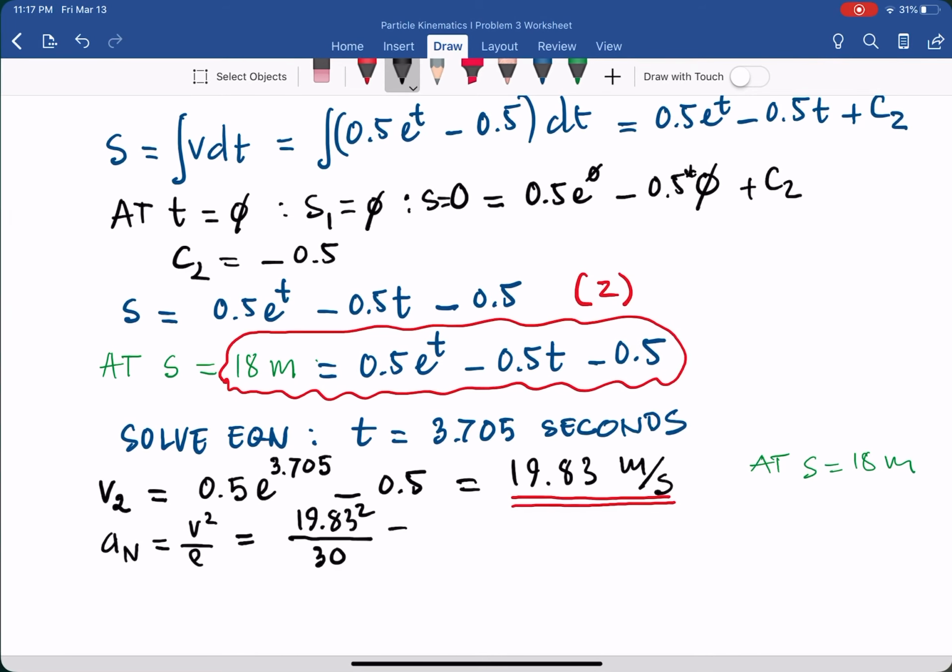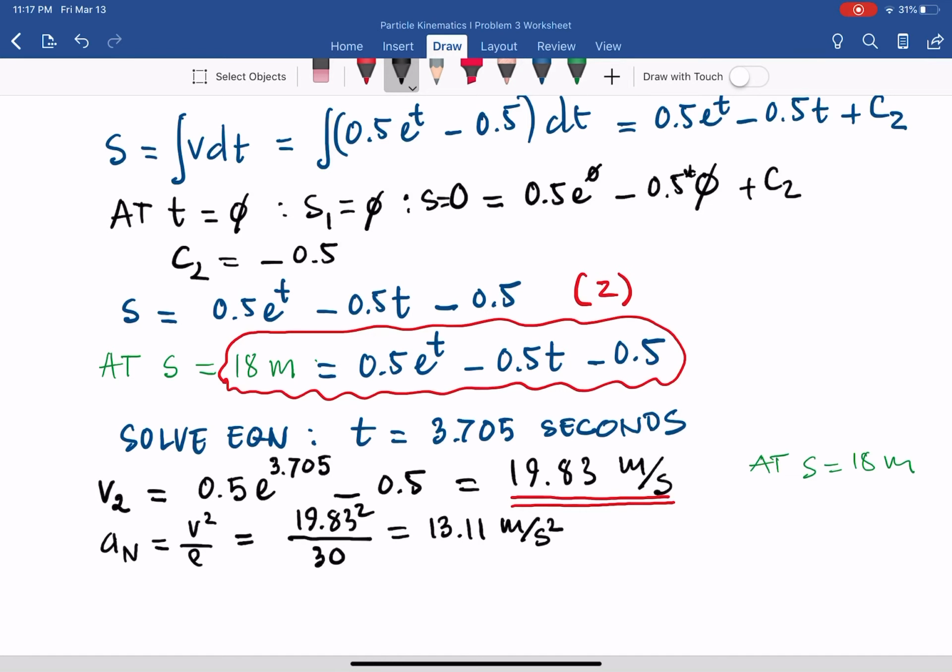So from that we can get 13.11 meters per second squared. That is the normal component, and it is directed toward the center of curvature at that instant, perpendicular to the path.